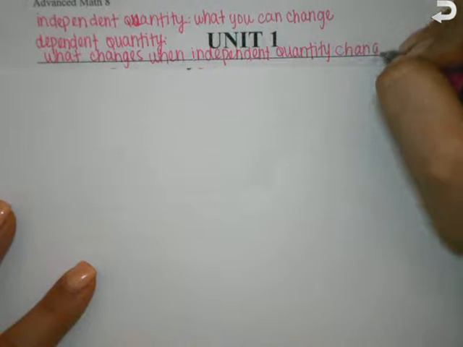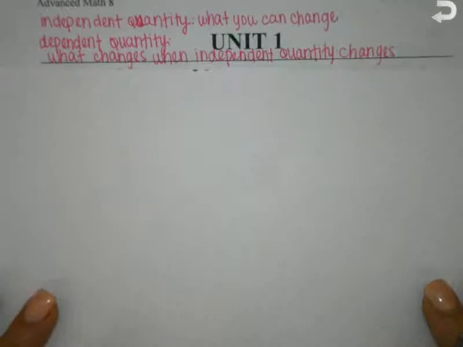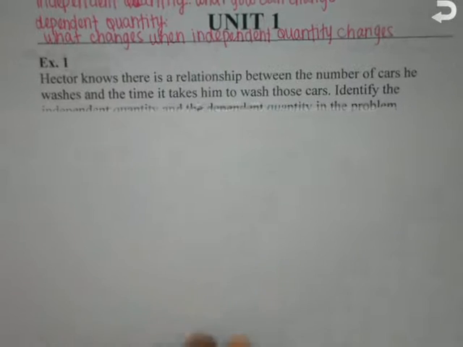So for example, if we're talking about your grade on the final and how many hours you study, which one do you have control over? Do you have control over what your grade is, or over how many hours you study? How many hours you study, and your grade depends on how many hours you study. Does that make sense?